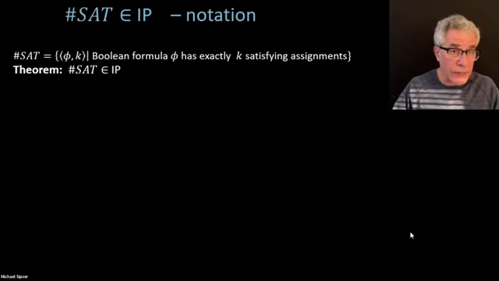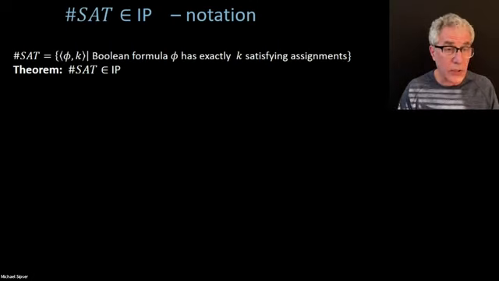So it could be 0, for example. How do you convince someone that there are 0 assignments? And you can have an interaction which does that, and that's not obvious at all. How are you going to do that?